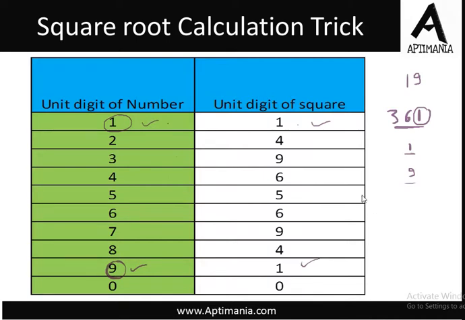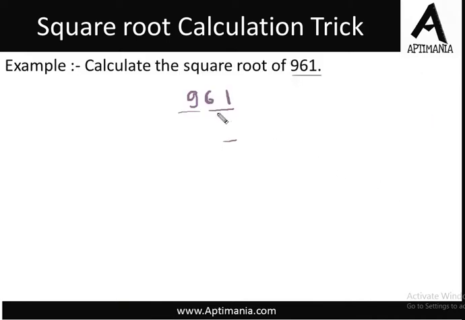Since we know that 9 is the square of 3, we will simply write 3 over here. So this number is either the square of 31 or 39.